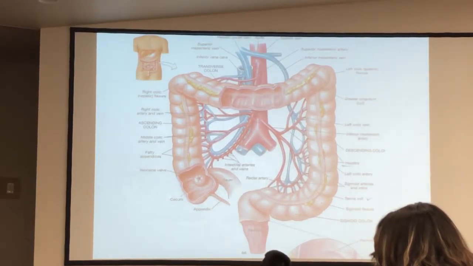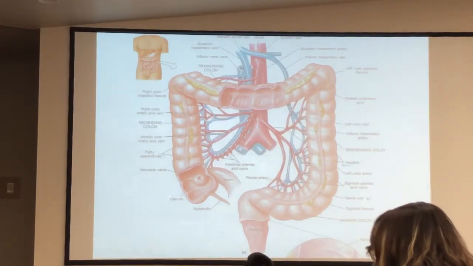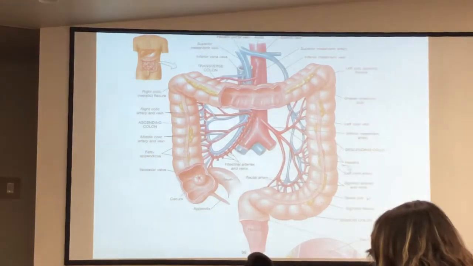In the model, in the lab, we can see that. So you squeeze a little bit and it changes the shape of the outside. You don't see it very smooth. You see a little bit of pocket, and we call this haustra. This one is special for the large intestine.